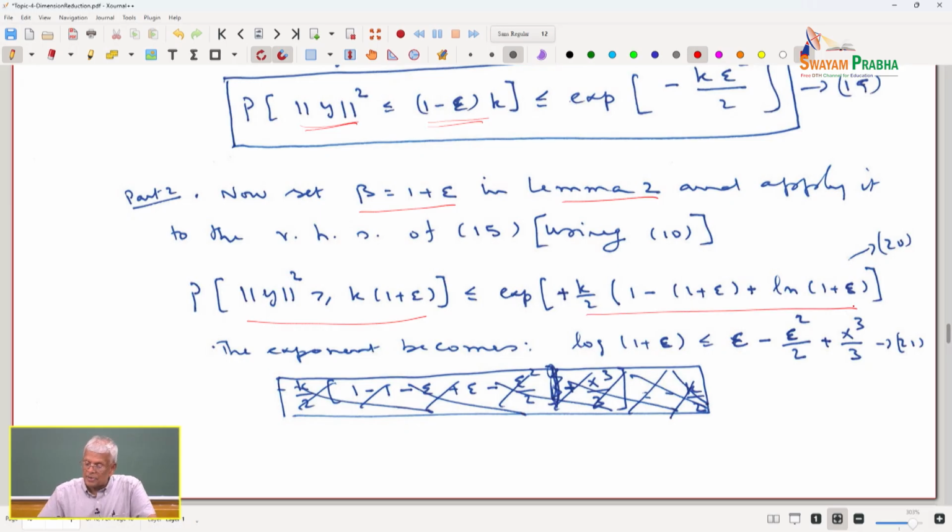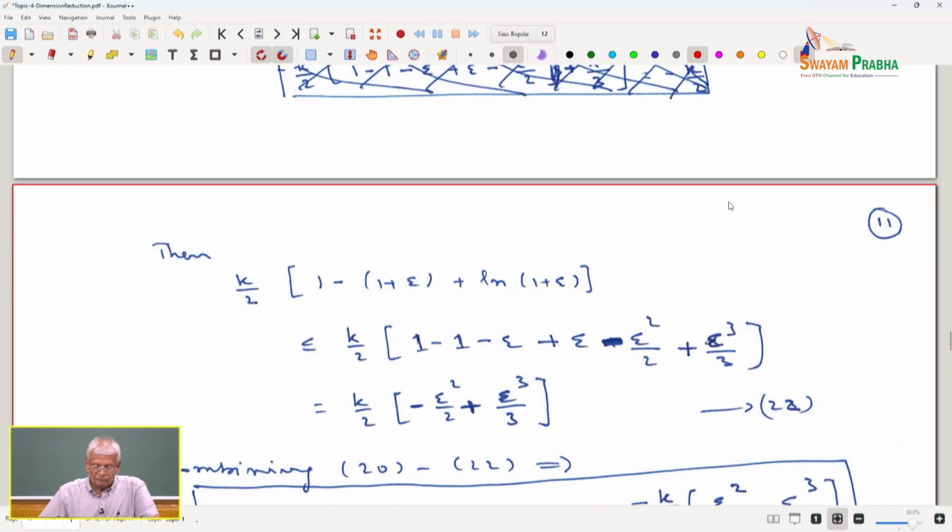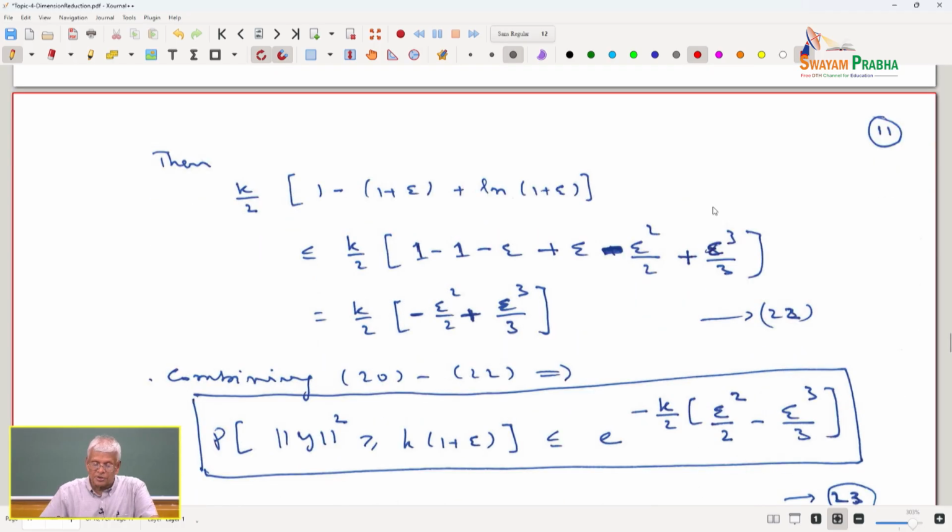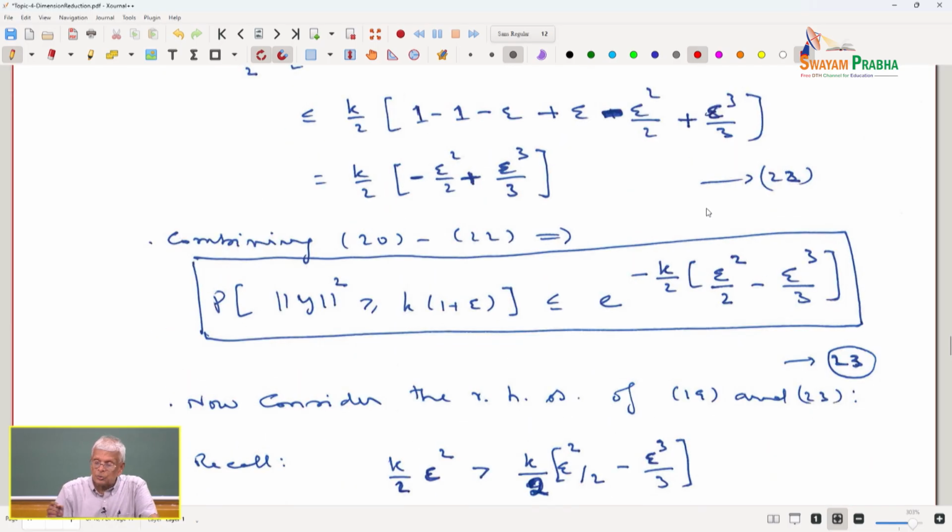is less than that. Again, I'm going to have to expand the logarithmic series. I'm sure you all know the expansion for the logarithmic series, which I have been using. So I'm now going to manipulate the exponential term, the index of the exponent term, combining 20 to 22.